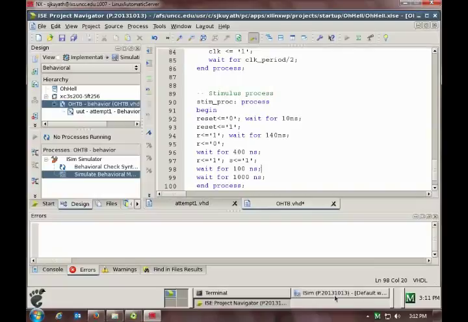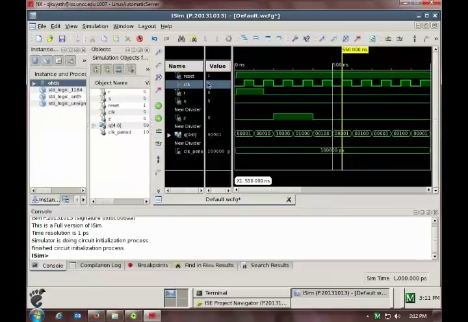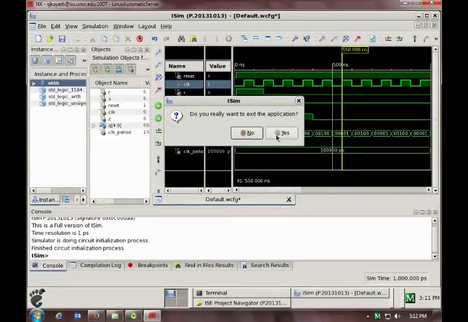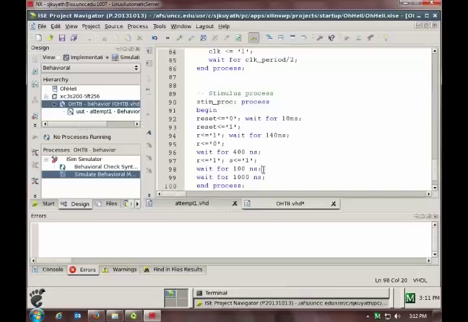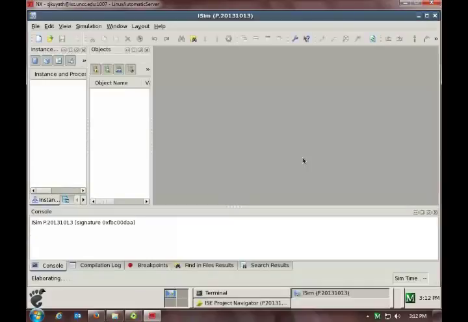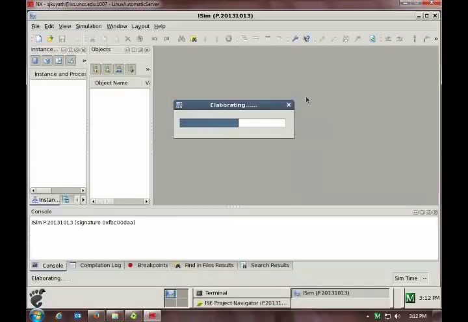Okay, let me close this out. Let me save all this, and this is the last one I'm going to do, and hopefully this is enough for those people that wanted to see how you do this test bench for some of the things that are coming up in your projects.